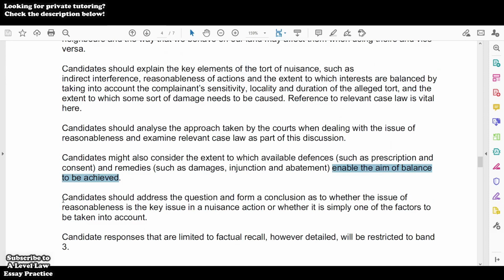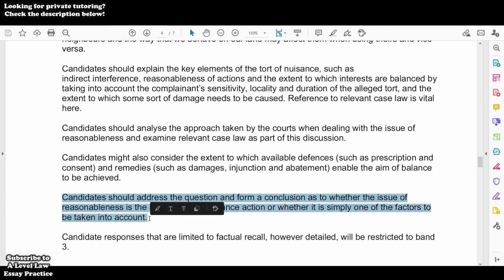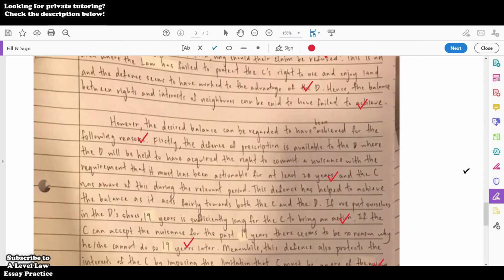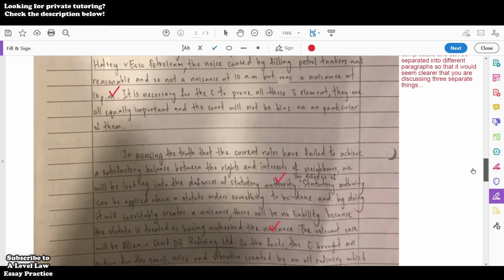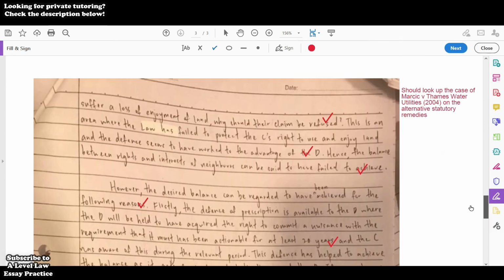Then lastly here, candidates should address the question and form a conclusion as to whether the issue of reasonableness is the key issue in nuisance, or whether it is simply one of the factors taken into account. I believe that the student didn't really emphasize much on this. But generally, the discussion of reasonableness and the balance of rights and interests are all jumbled up, especially in this paragraph and this paragraph.